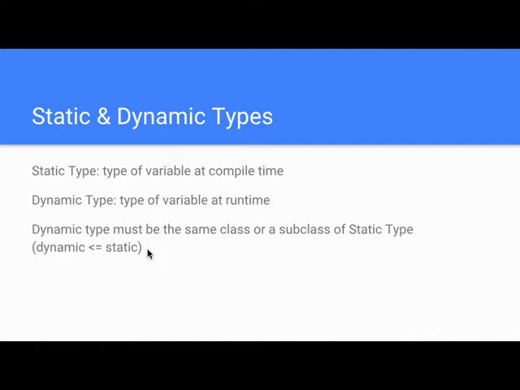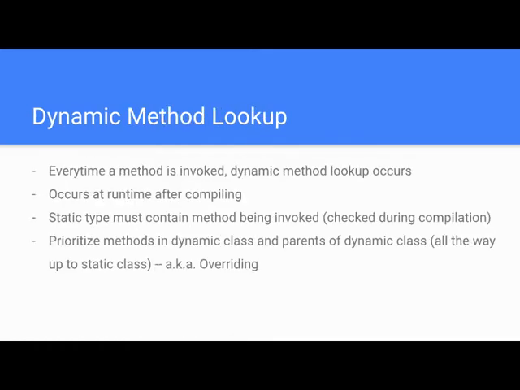And the main advantage that we have with these static and dynamic classes is that we can, in Java, utilize this thing called dynamic method lookup. Basically, in Java, whenever a method is invoked, dynamic method lookup occurs. And this occurs after compiling, which is runtime.